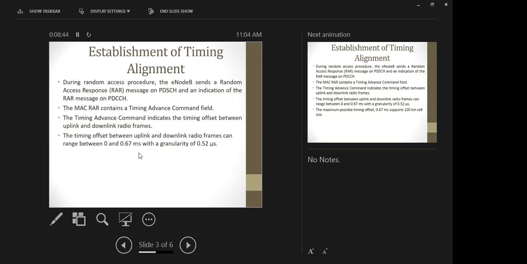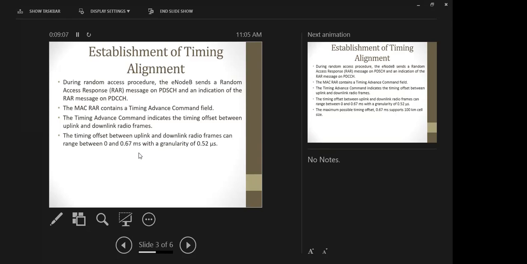Anyway, so it knows where its own downlink transmission of subframe starts and when it is receiving the random access preamble. So the eNodeB can estimate how far you are or how much correction you need to have a proper timing for your uplink transmission.